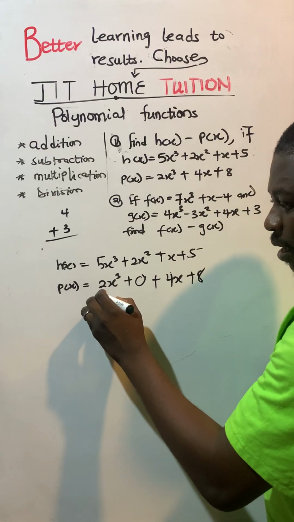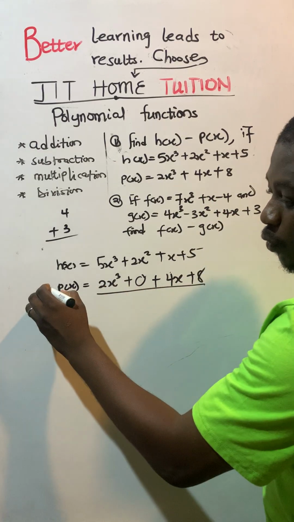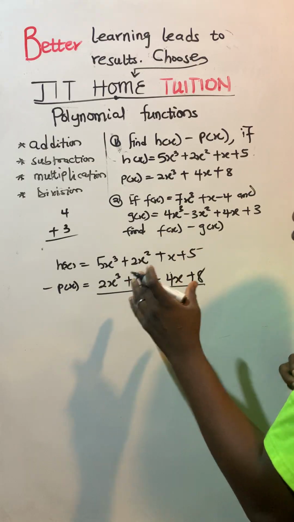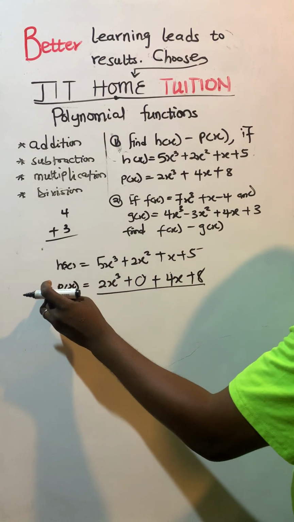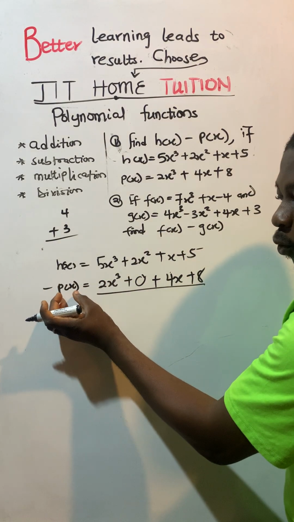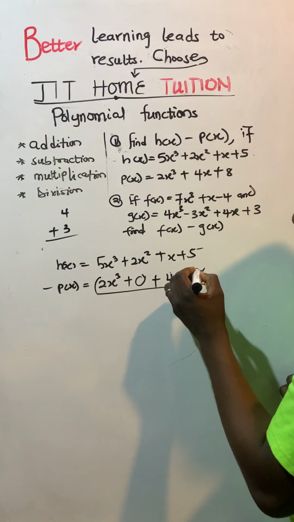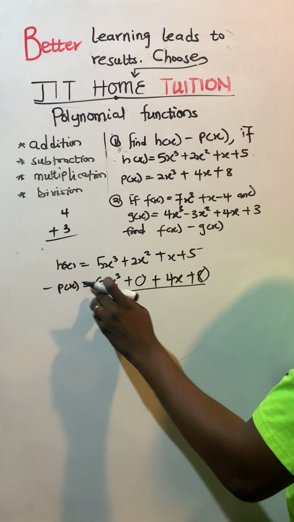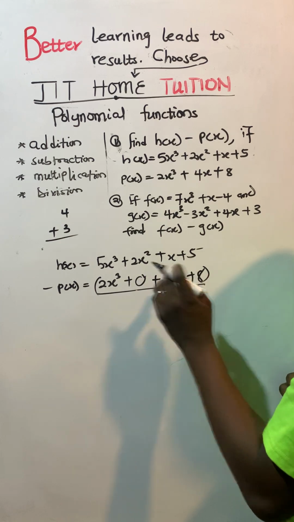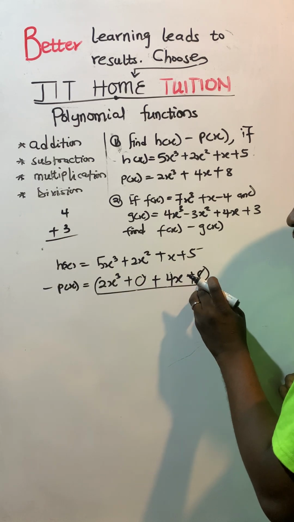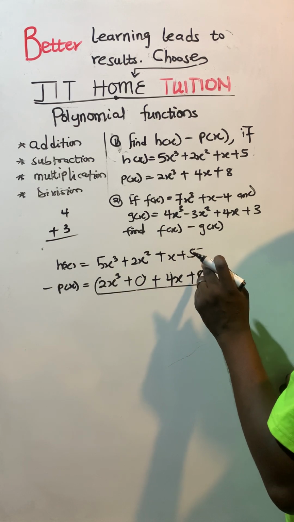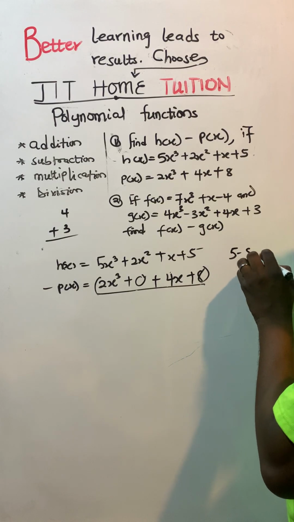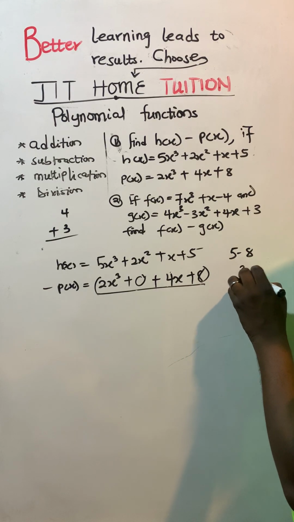8. Now, this is where the catch is. You are subtracting. So because you are subtracting, here the negative will affect the whole of the function here. Okay, so that means that this side will become negative. So here it is negative 8. So negative 8, you have 5 minus 8, and that is going to give you what?